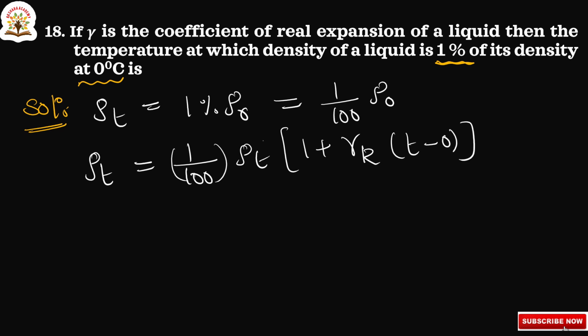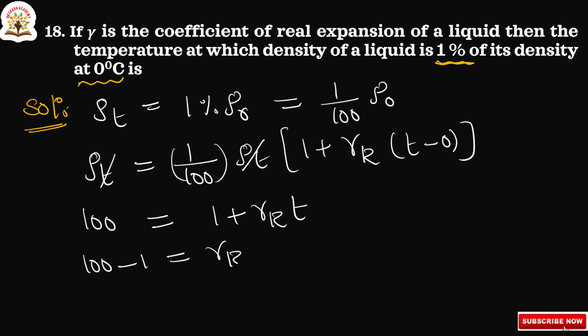So here rho T gets cancelled. Now this can be written as 100 is equal to 1 plus gamma r into T minus 0, that is gamma r into T. So 100 minus 1 is equal to gamma r into T. 100 minus 1 is 99. So 99 is equal to gamma r into T. So T is equal to gamma r by 99.